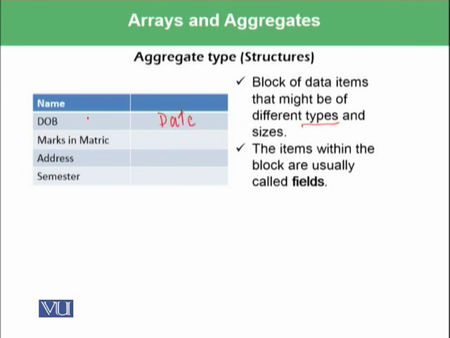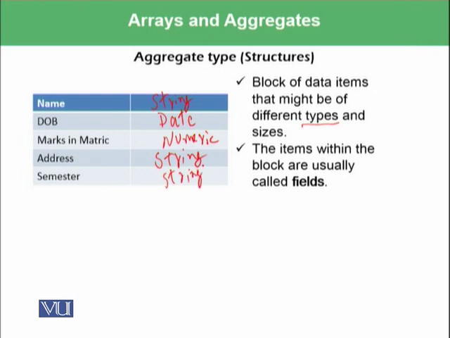The name is a string, a character array. Marks in matric, for example, could be numeric. Address could be a string. And the semester in which the student is studying is again a string.